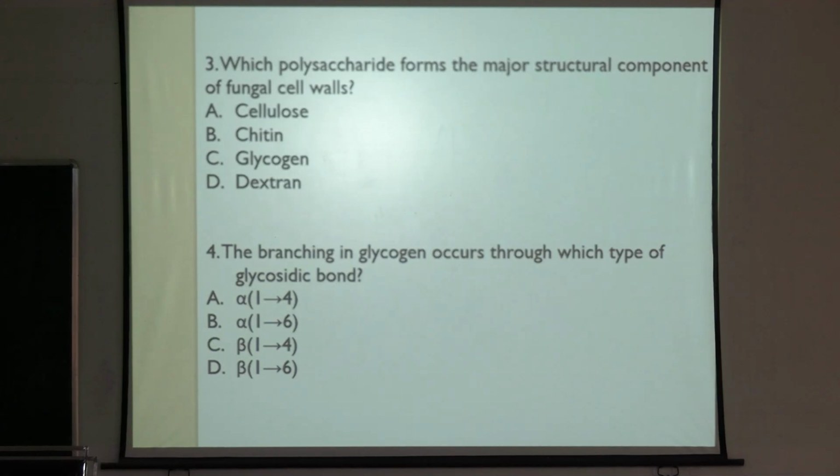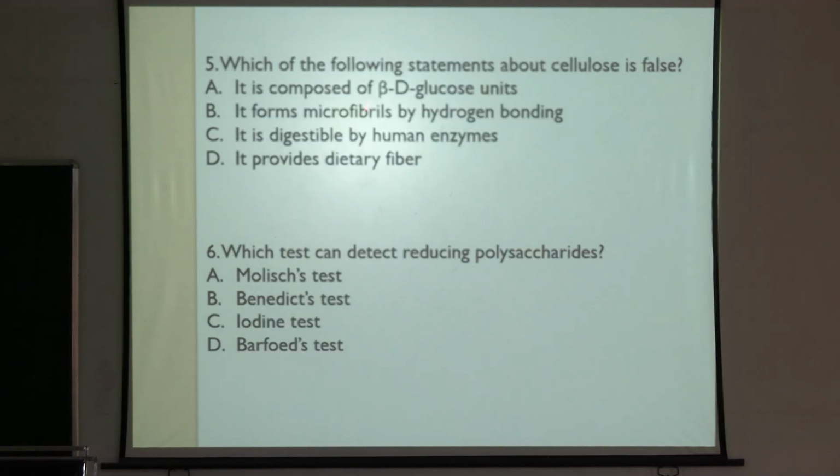Alpha 1,6. Next. Which of the following statements about cellulose is false? It is composed of beta D glucose units, forms microfibrils by hydrogen bonding, it is digestible by human enzymes, provides dietary fiber. C. It is not digestible by human enzymes.